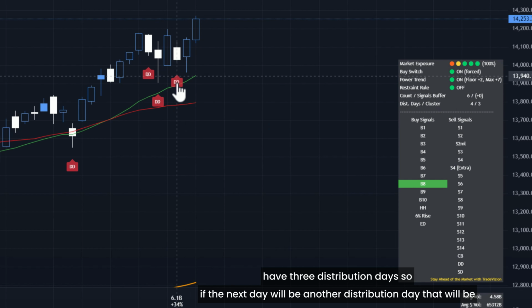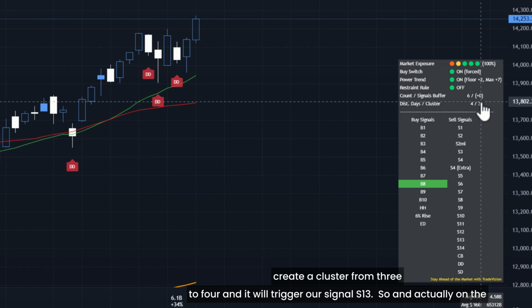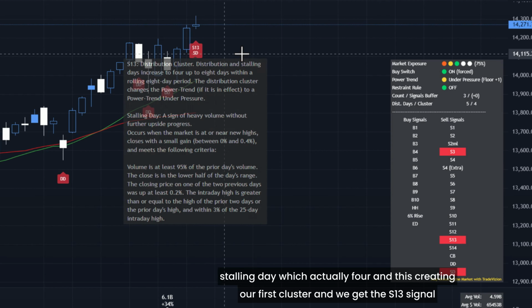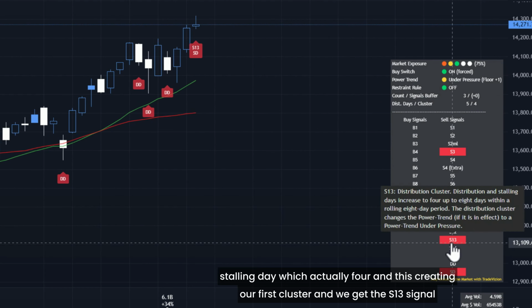So if the next day is another distribution day, that will create a cluster from 3 to 4, and it will trigger our S13 signal. Actually, on the next day we have a stalling day. So now within 8 days we have 3 distribution and 1 stalling day, which is 4, creating our first cluster, and we get the S13 signal.